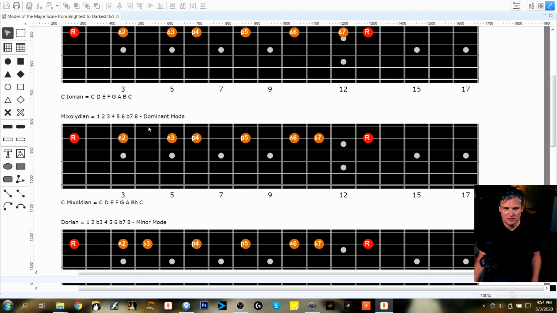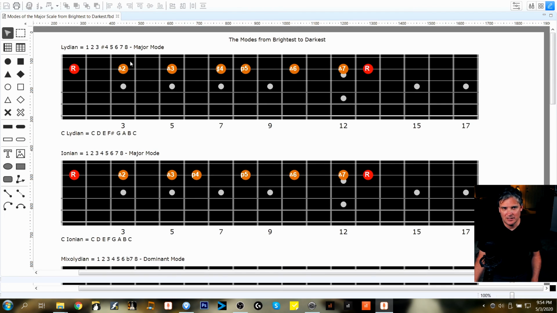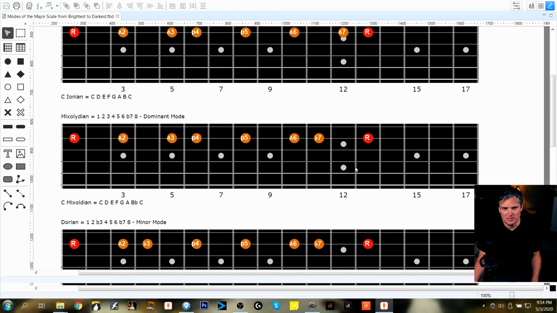And what makes Mixolydian the dominant mode is that it has a flat 7. Some people refer to the Mixolydian as a major mode. I don't, because check it out. The Lydian and the Ionian, they both have major 7ths. Okay, but the Mixolydian mode has a minor 7 or a flat 7. So I give it its own category, and I call it the dominant mode.